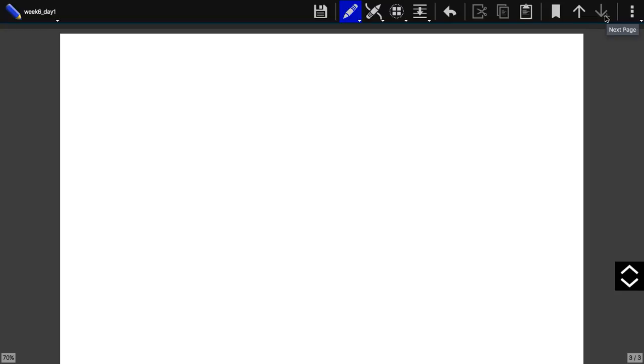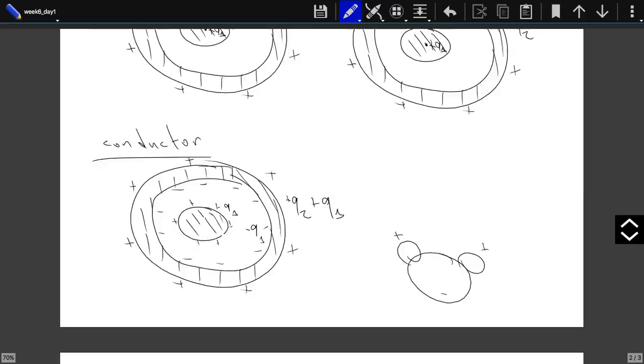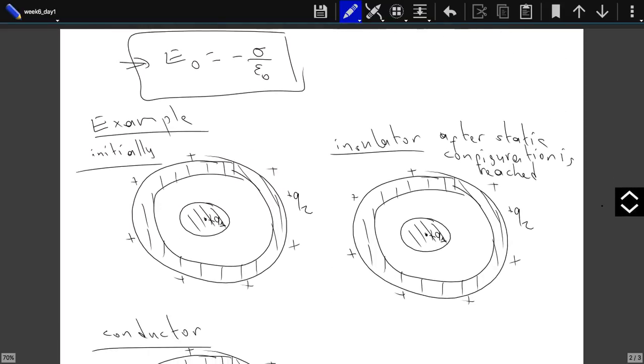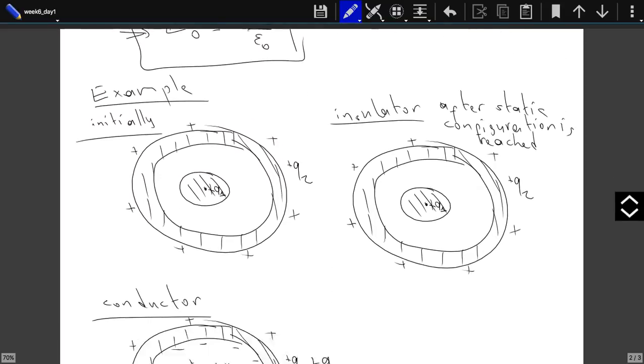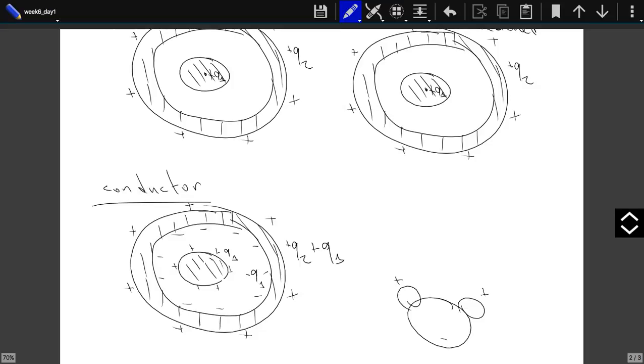There was one more question over here. This one. You see, the total charge of my conductor is Q2. The charge is conserved. I mean, they can just move from point to point, but the total charge has to be Q2.